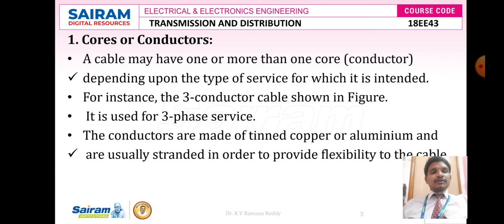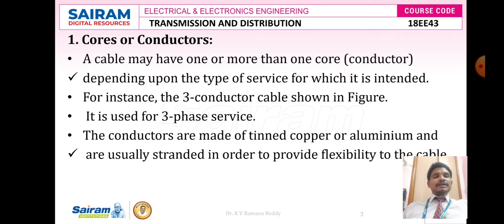If you are using a three-phase four-way transmission system, that is a four-core conductor. So a cable may have one or more core conductors, depending upon the type of service, either single-phase service or three-phase service.